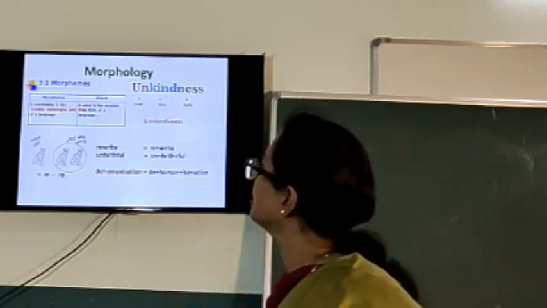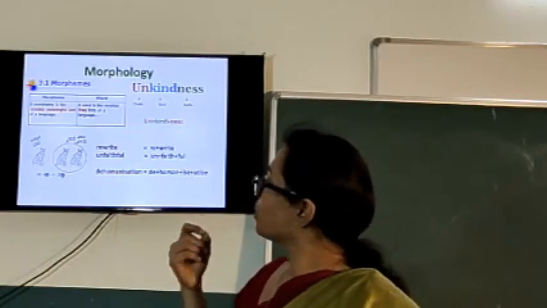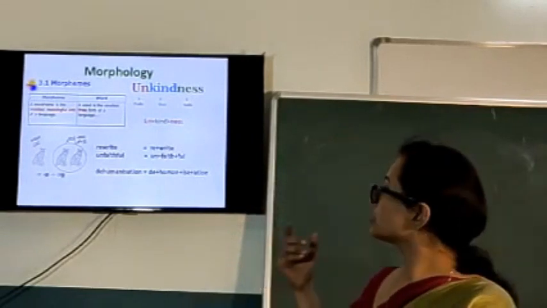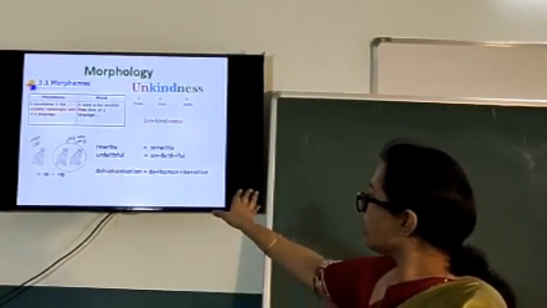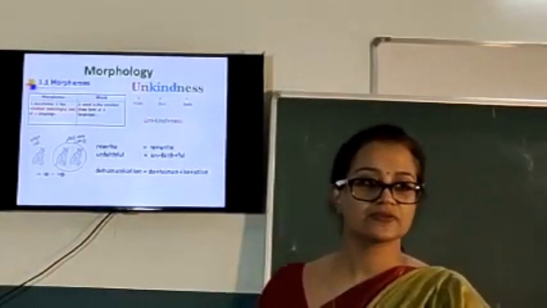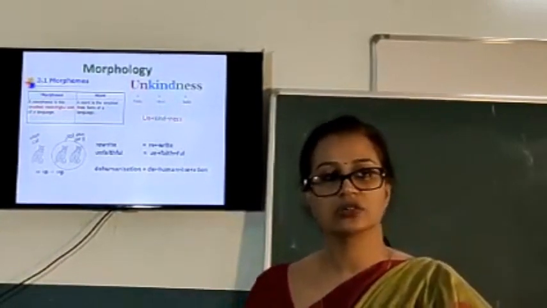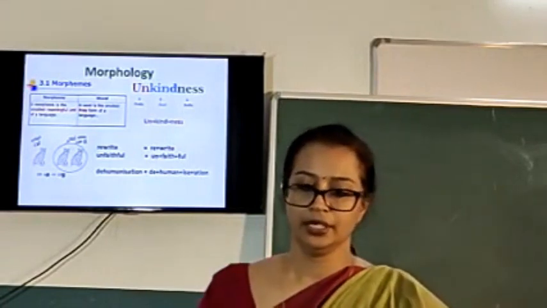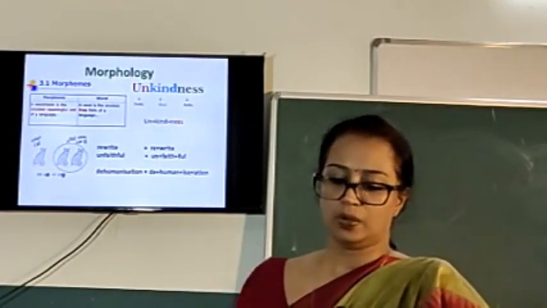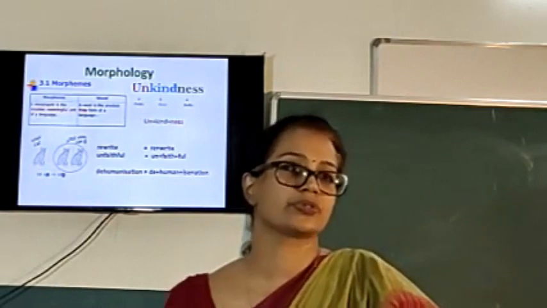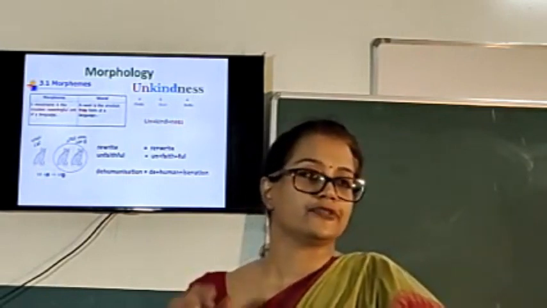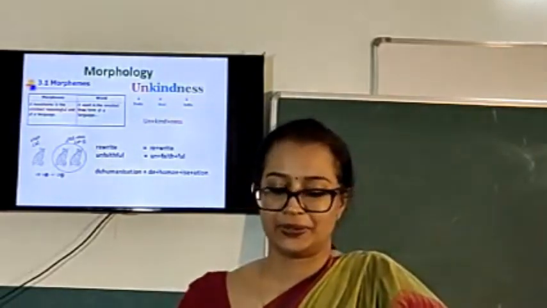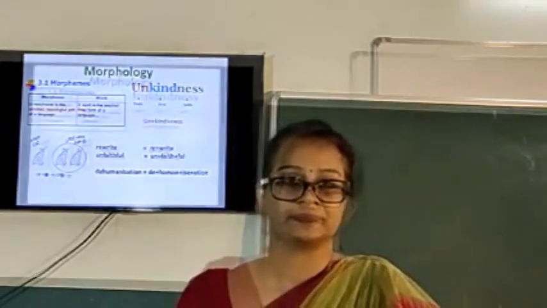So what is morpheme? Morpheme is the smallest meaningful unit of a language. All these are morphemes. Even the base form, the word, is also a morpheme. Okay. All right. Now, why don't you try to give me 5 examples and divide them into morphemes.